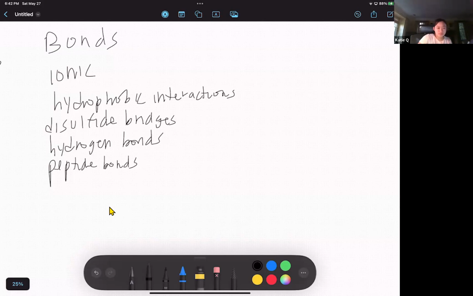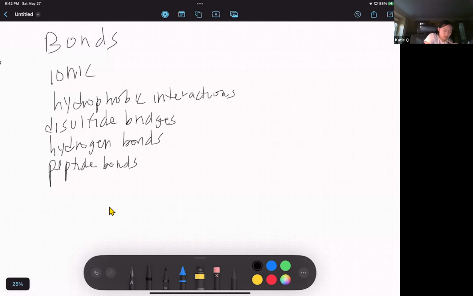I'll try drawing it out to the best of my abilities. So let's say this is the R group. Hydrogen, carbon, double bond with oxygen. So this is one amino acid. And it's going to be connected to here.